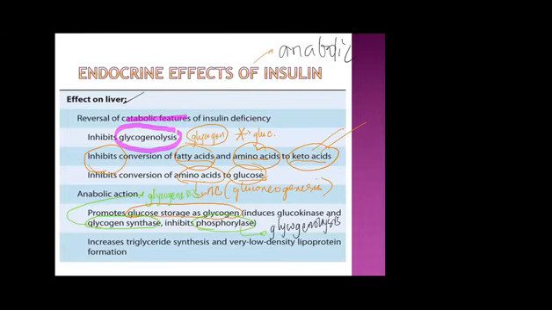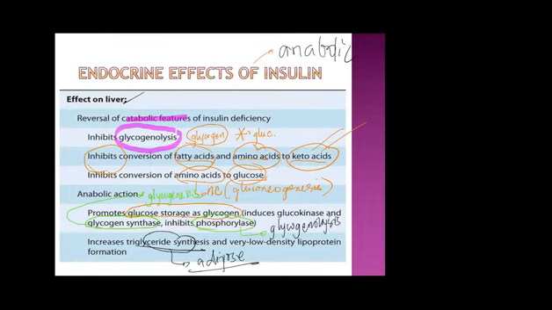Next effect of insulin, it increases triglyceride synthesis and very low density lipoprotein formation. Ang purpose of increasing the amount of triglyceride production is for this to be stored in the adipose. And this would serve as an energy reserve in case na mag-starve ang isang patient.